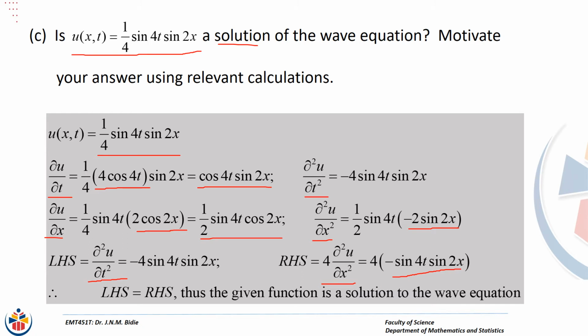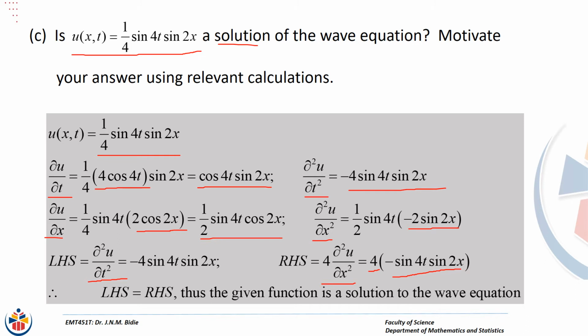And note the right hand side was being multiplied by 4, so that we get an answer for the right hand side. And then the left hand side, we had simplified it from up there, we write it as it is. And then we check whether the left hand side is equal to the right hand side.